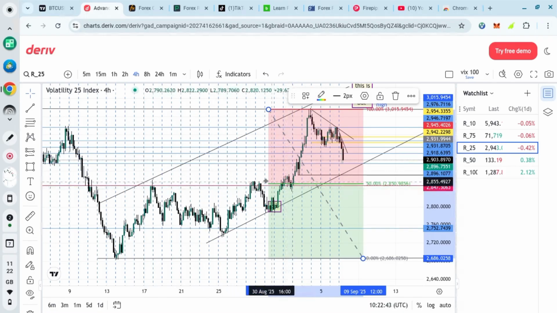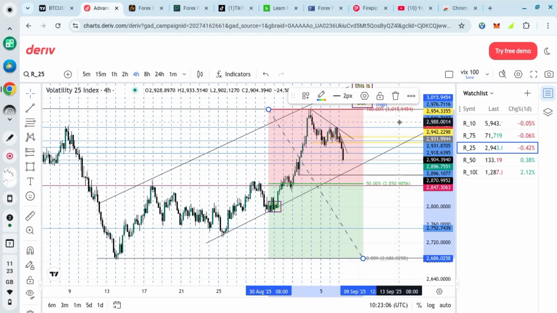So this might be a reversal point. And our Fibonacci is telling us that this line is also part of the demand zone. So if the price comes here, we should be looking out for a reverse. By then we are going to enter a buy trade.